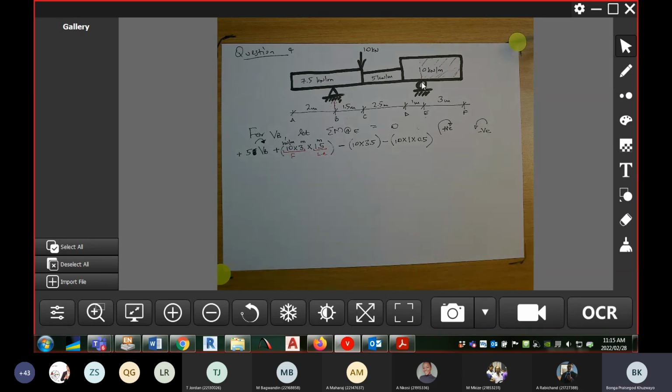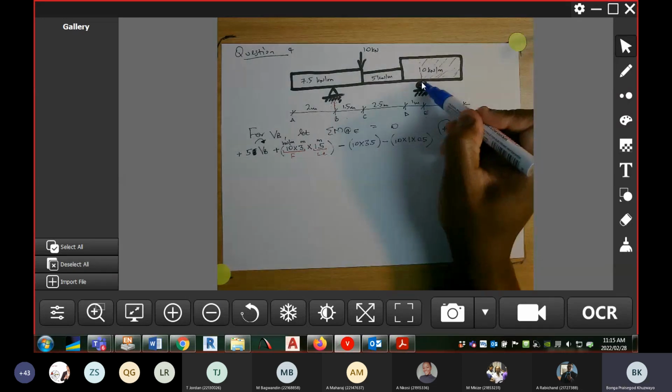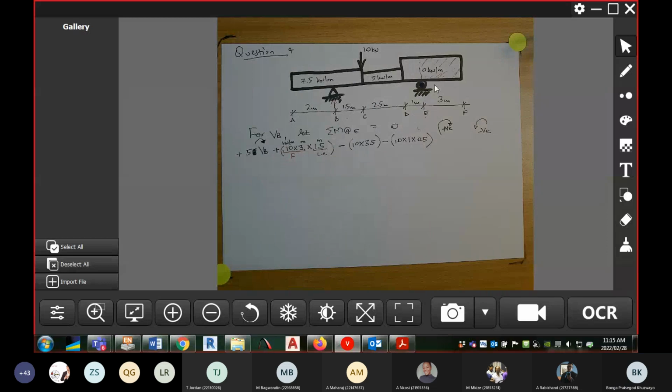Right, so what I'm going to do, let me get a red. Also, I've got a blue one here. So this is where we have node E. So when we did the first part, we said for VB, we're assuming that VB is going up. So VB is going to cause clockwise rotation about node E. And then we said part of 10 kilonewton per meter is causing clockwise rotation, and the other part is causing anti-clockwise rotation.